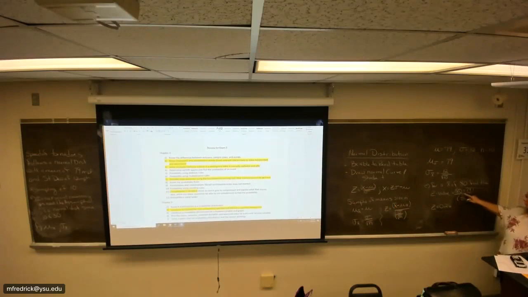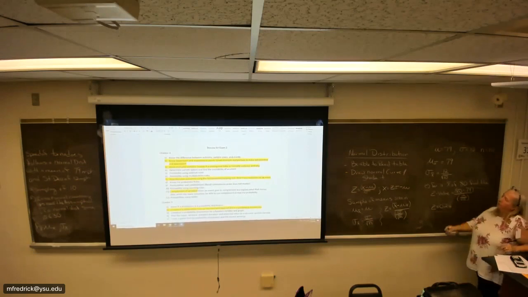You have to put these in parentheses, unless you have a fraction bar. I know the TI-84 has a fraction bar, but I don't know how to use this. Any questions on that? So there's one problem on the test similar to that.